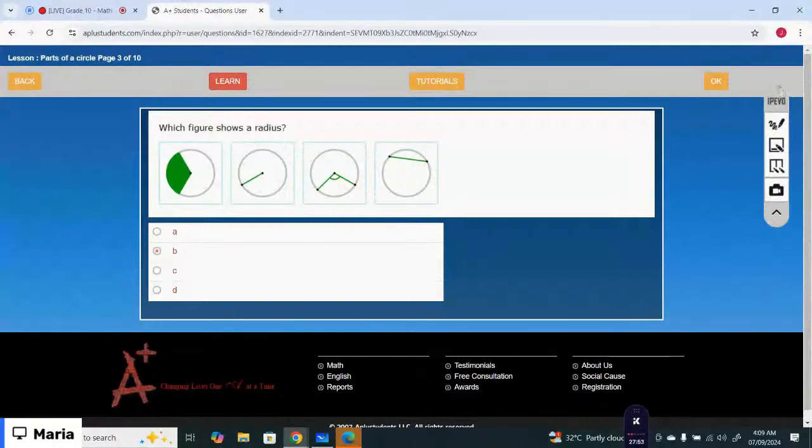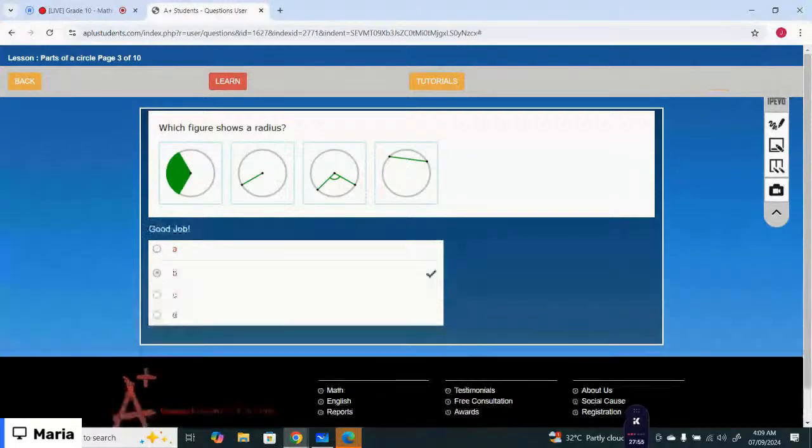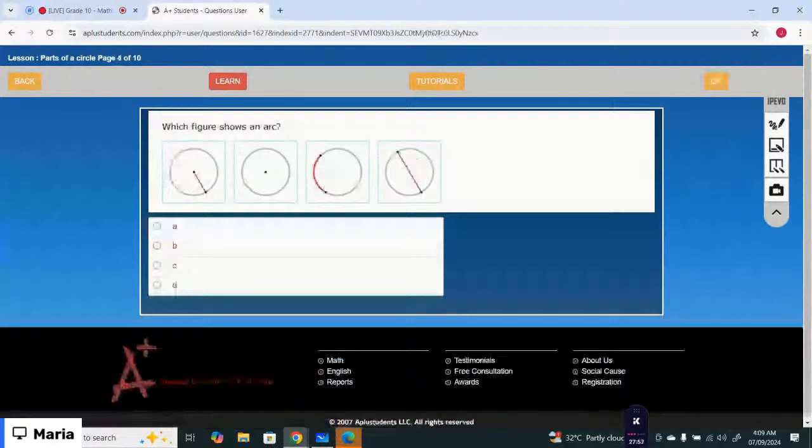Option number B is the correct option, that is the radius. Which figure shows an arc?